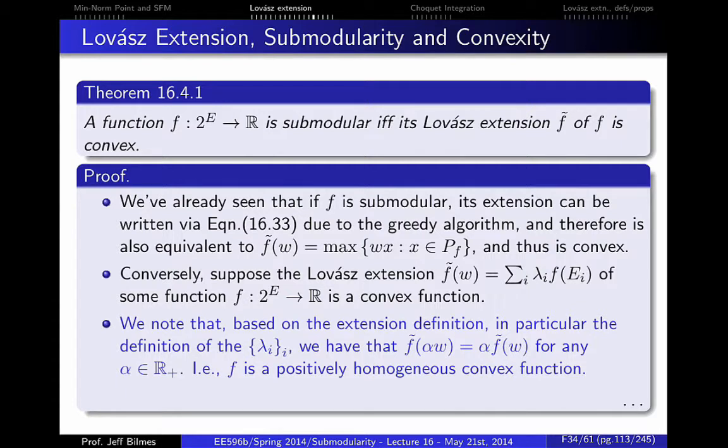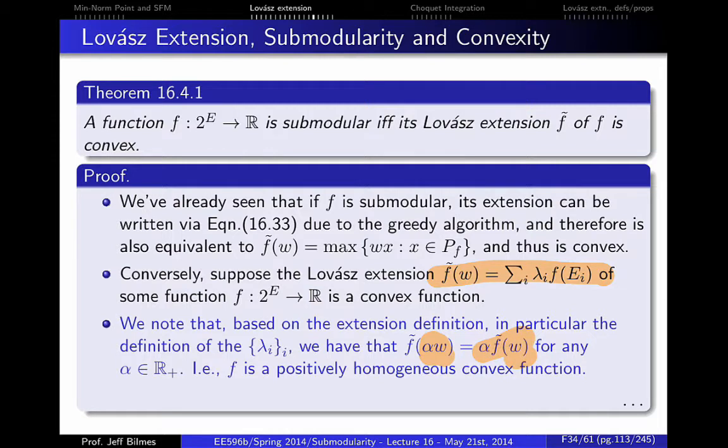Now, first of all, we're going to use the positive homogeneity of the function. Remember, the lambdas are equal to a difference of w's. So if we multiply all of the w's by alpha, that's equivalent, when the function is representable in this form, to multiplying f tilde of w by alpha.